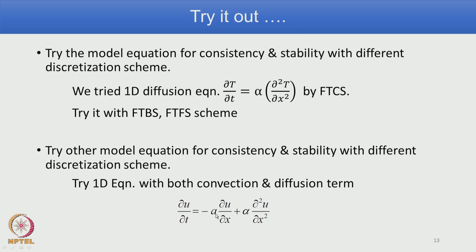So, in the original convection term, instead of a there will be u, the function variable itself, u times dou u by dou x will be there. Now, for the sake of understanding consistency and stability, it is linearized. So, a is some other coefficient which is not related to the function variable u itself. Such an equation is called Burgers equation.